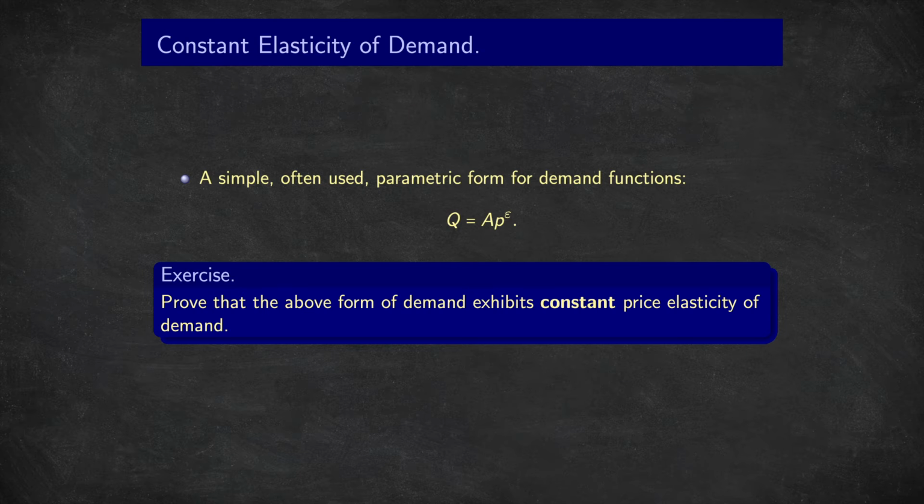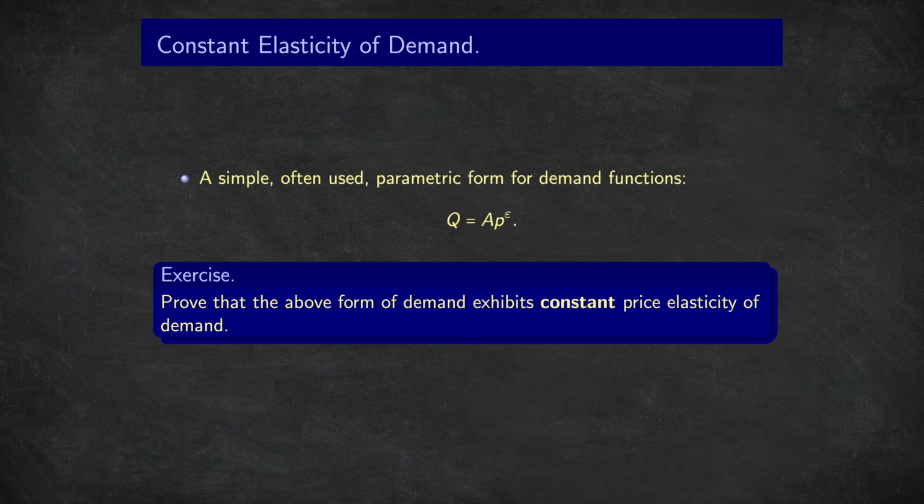When I say constant, I mean the price elasticity of demand is not a function of price or of quantity, it's simply a number. Now you have two different and equivalent definitions of elasticity so far. We had elasticity as the partial derivative of demand with respect to price multiplied by the price divided by quantity ratio.